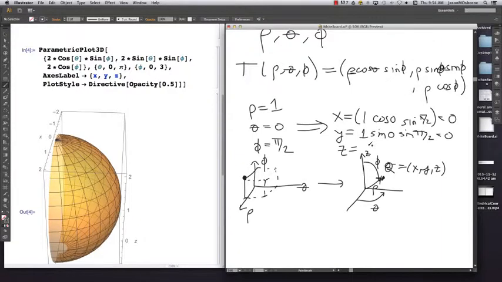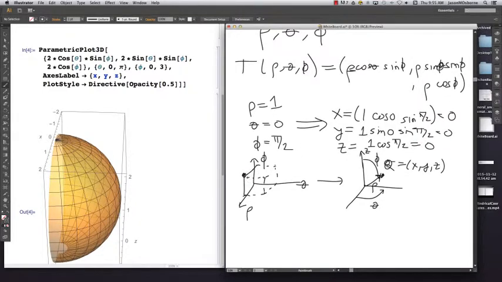And then z is rho cosine phi, so you'll be at 1 times the cosine of pi over 2, and that is also 0. So if you want to look at this point, you will be at the point x equal to 0.